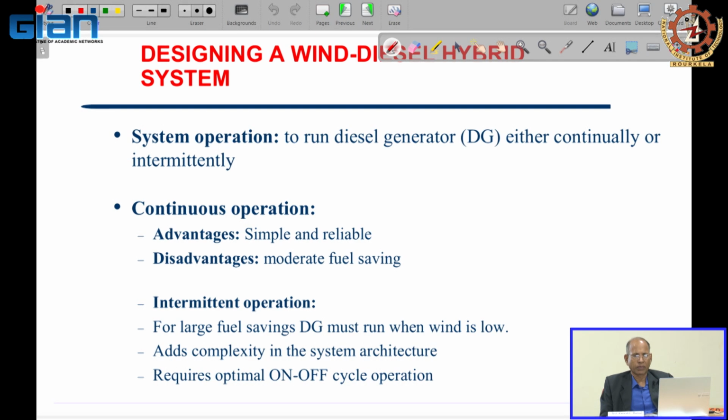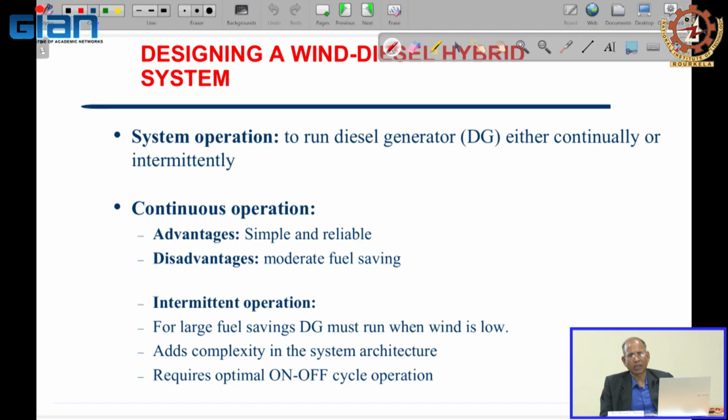If the load keeps on increasing or decreasing, a little bit increase or a little bit decrease in the load, should you have frequent on and off of the generator, or try to reduce the number of on and off operations of the generator?